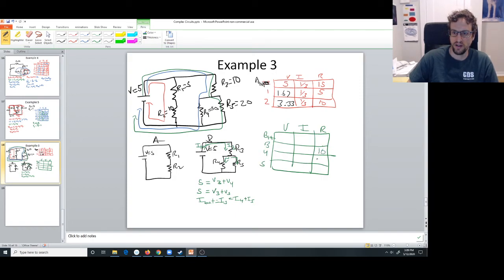This is 10, 30, 20. It's 5. We can combine 4 and 5. They're in parallel. So R4,5: 1 over R4,5 equals 1 over 20 plus 1 over 30. R4,5 is 12, which means R3,4,5 equals 12 plus 10, 22.